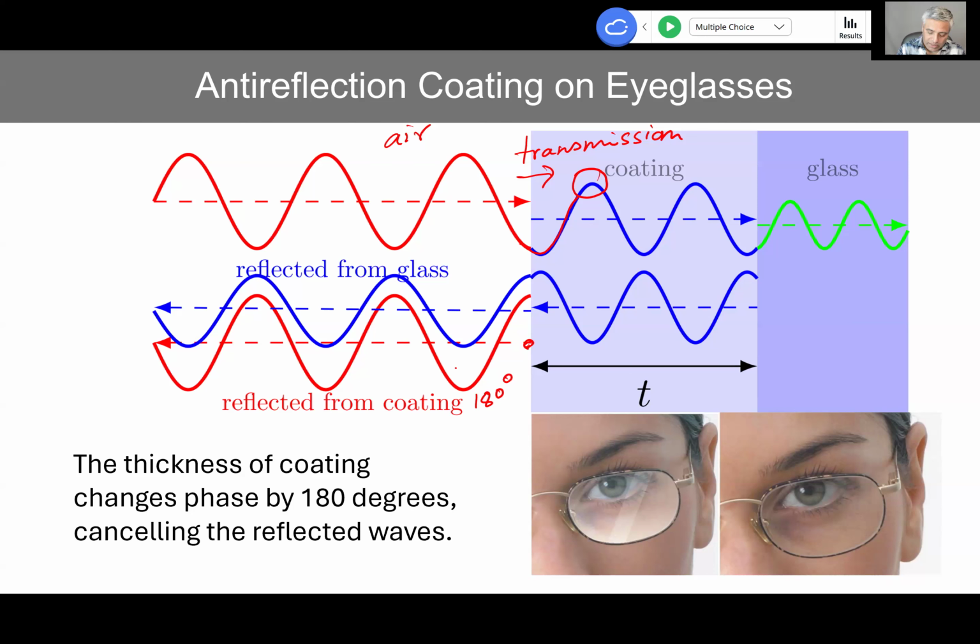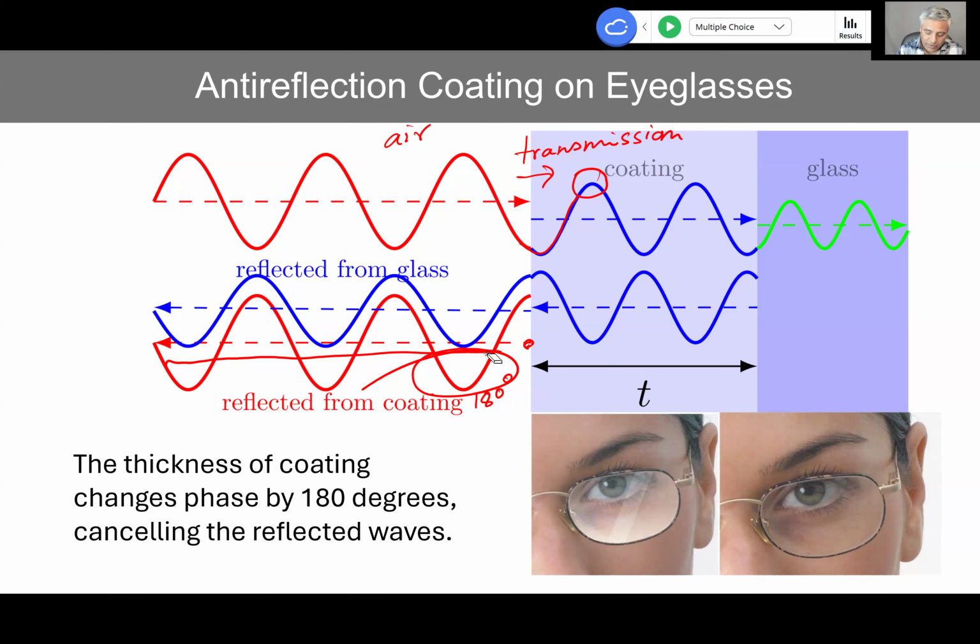Now we don't want this light. We want only the light that came from the object to enter our eyes. We don't want this light that's reflected from this glass to enter our eyes. When that happens, that's when we see this kind of glare. So we want to cancel this.